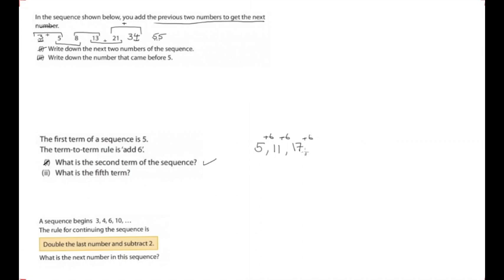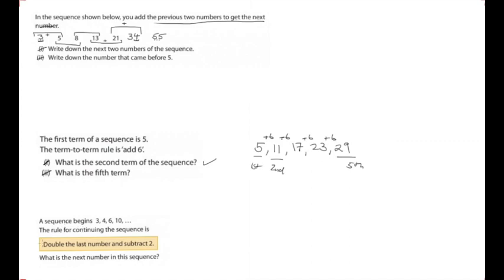Then plus 6 is 23. That's the fourth term, isn't it? Plus another 6 is 29. So the fifth term is 29. That's the first, that's the second, the third, the fourth, and that's the fifth.